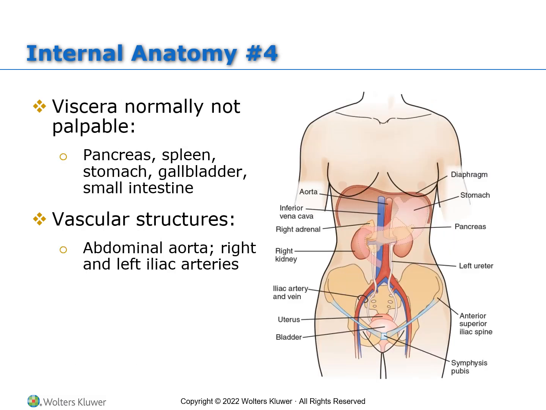So some of the viscera that's not normally palpable would be the pancreas, the spleen, the stomach, the gallbladder, and the small intestine. Then you'll also have some vascular structures there: your abdominal aorta, and then your right and left iliac arteries.